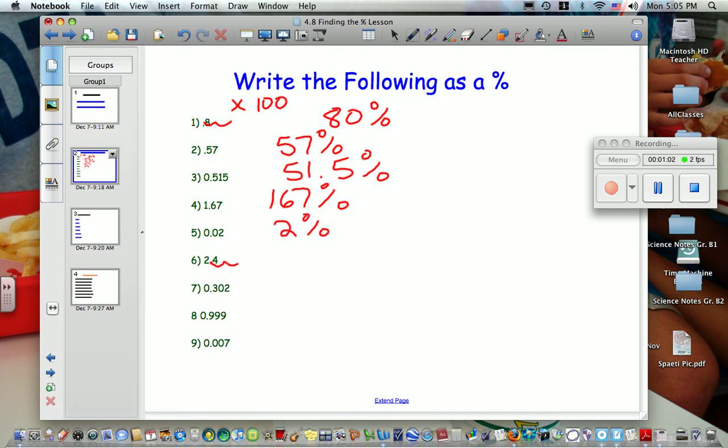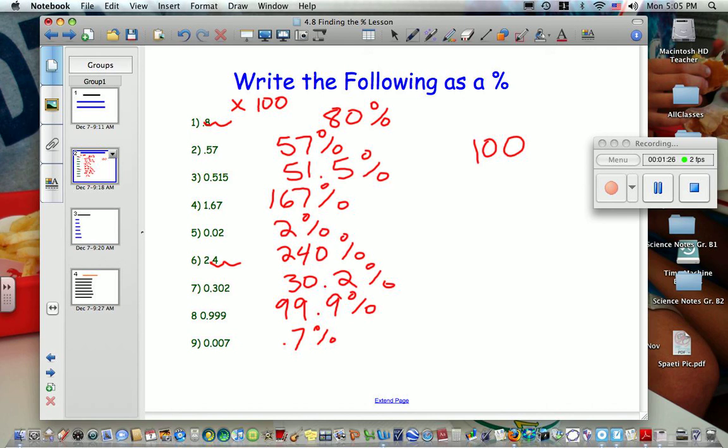Again, two decimal places, 240%, 30.2%, 99.9%, and finally 0.7%. Notice there are three decimal places where you can only move it over two to create a percentage. Percent is out of 100, which is basically why we multiply it by 100.